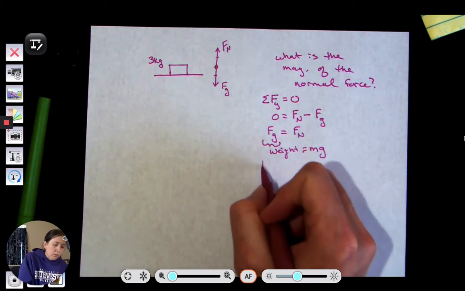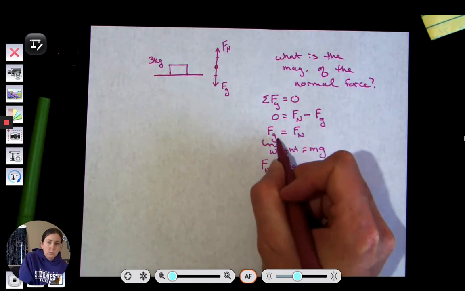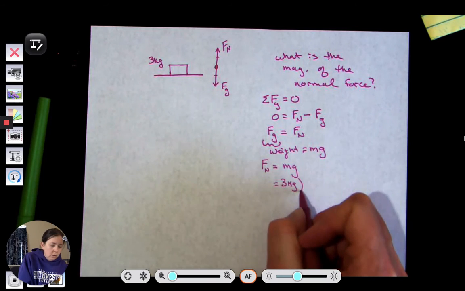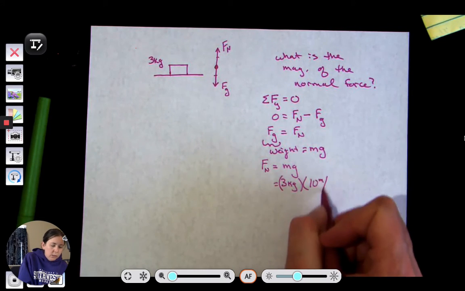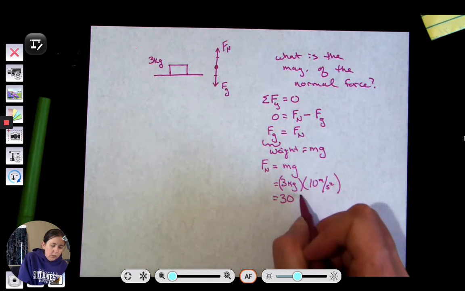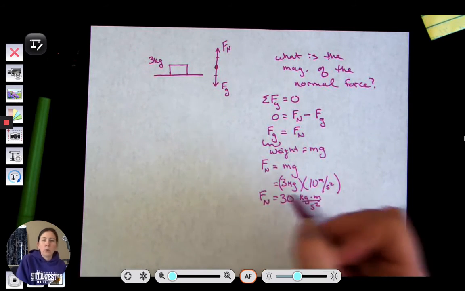So the weight of the object is the mass of the object times gravity. And so my normal force is mg then, because it equals the force of gravity, which is 3 kilograms times 10 meters per second squared. Now this is sort of weird because I get 30 and then I get this weird unit, kilograms times meters over seconds squared. But this is the normal force.